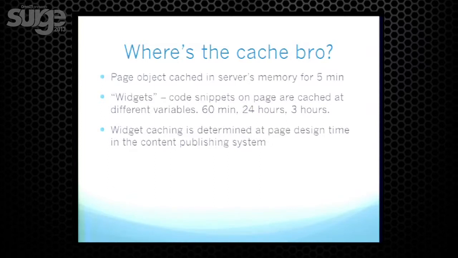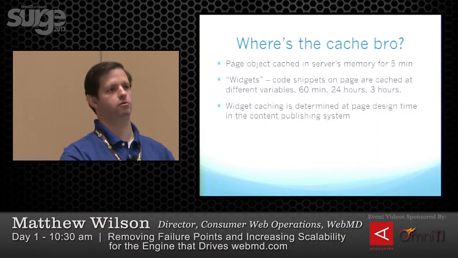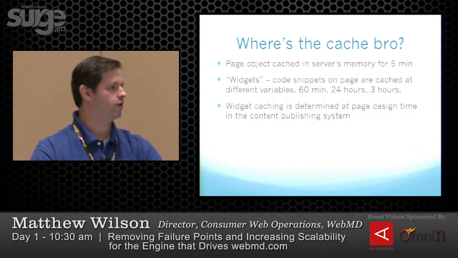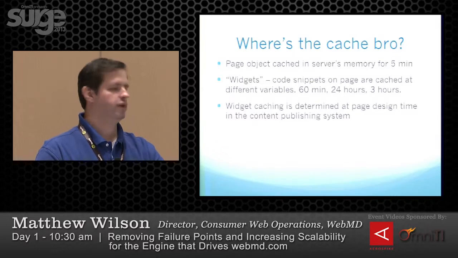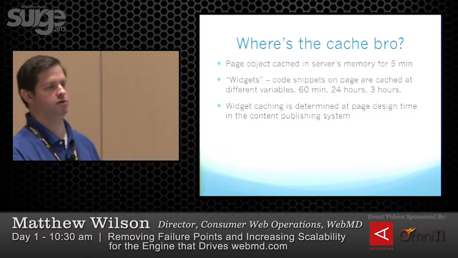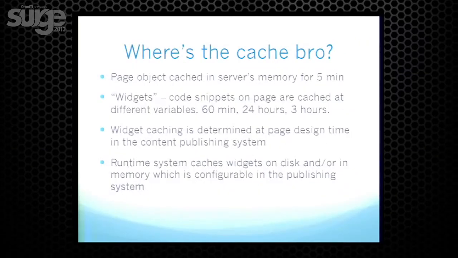The person who wrote the widget, whether it's an ad module or data that they're getting from the database, let's say it's top news articles or an object of 4 related articles, some of those can be fetched from the database, but the caching itself for that object is determined within the publishing system. The runtime system will cache the widgets on the disk or in memory, and that's also configurable.